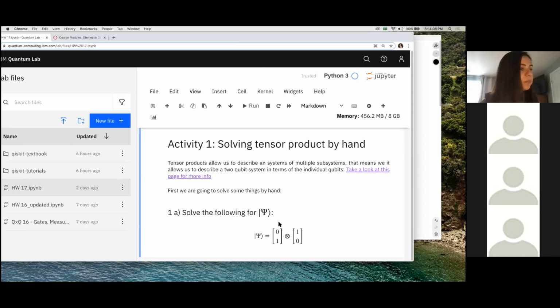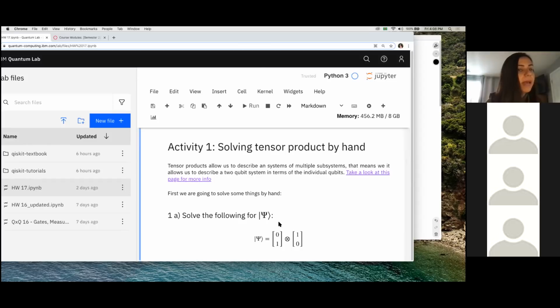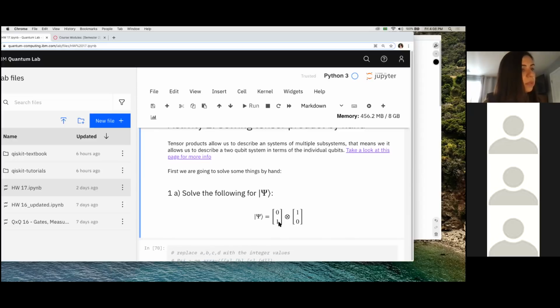Activity 1 is solving tensor product by hand. Tensor products allow us to describe systems of multiple subsystems. That means it allows us to describe a 2-qubit system in terms of the individual qubits.